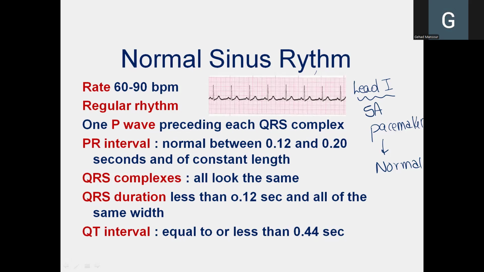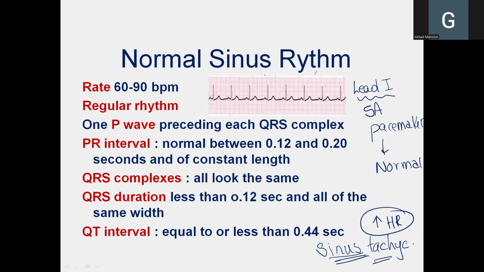And sometimes we have tachycardia that originates from the sinoatrial node. In such a case, we would call it a sinus tachycardia, meaning increased heart rate. So is it a normal heart rate? No, it is a heart rate that is higher than 90, higher than the upper normal range, but it is still arising from the sinoatrial node.